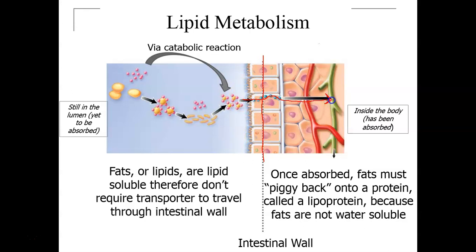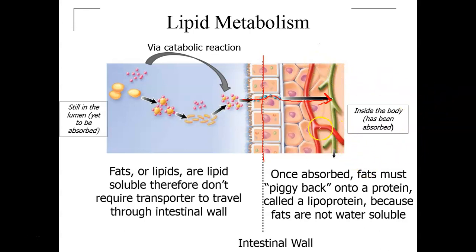Depending on what fatty acid it is, it may be converted right into glucose. However, for some of those that are not, the long chain fatty acids for instance, they get absorbed via these lacteals. Again, we covered that in digestion, two presentations ago, I believe.